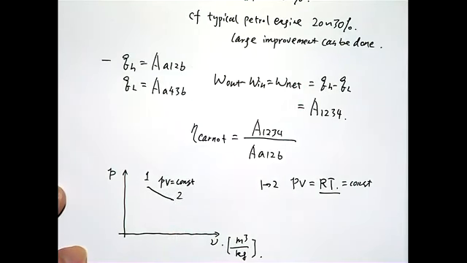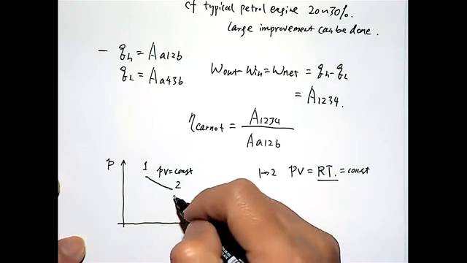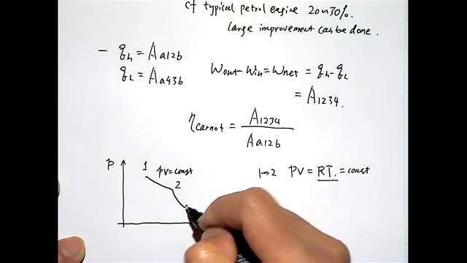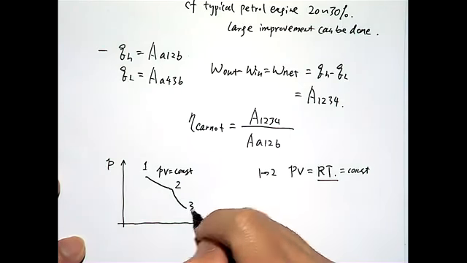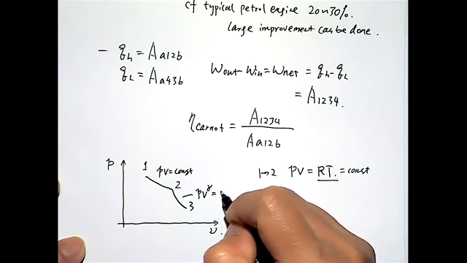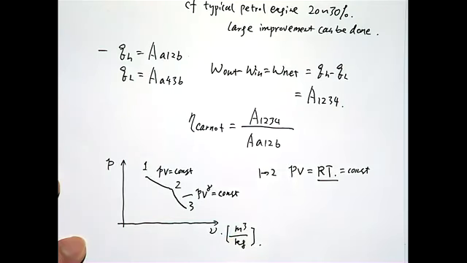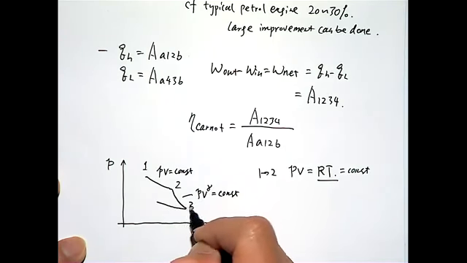And then you have isentropic expansion. The volume further increases, but follows another curve, going to state 3. And in this case, you would have PV^gamma equals a constant, because this process is isentropic. If you look at pressure and volume, they should follow this equation. And then the other two, just reverse it.